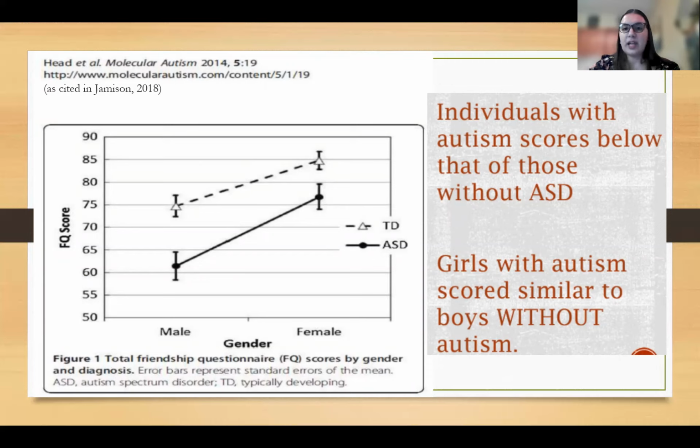The top line, the dashed line, is individuals without autism, but you can see that the triangle that indicates males without autism is at the same level as the circle that is girls with autism. And this is for younger students. It's often not noticed that a female has autism because girls do develop some of those social skills a little bit earlier than boys do in typical development. So we see with this study that could be a reason why many girls are not diagnosed until later in life.